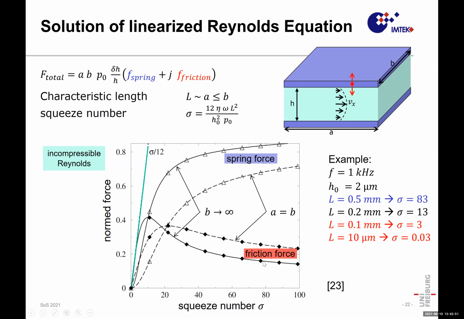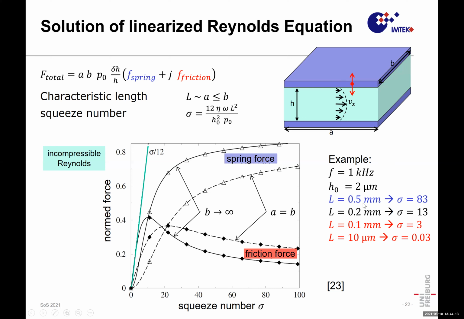Now, just to get an idea of what this means, where are our typical squeeze numbers? I take a 2 micrometer high system. I don't know which characteristic length is here, and I check what the squeeze number is.